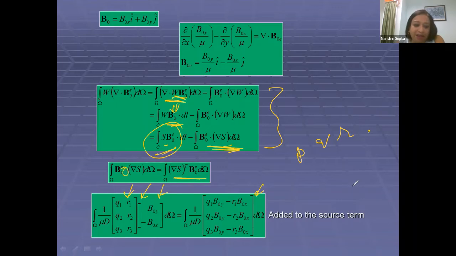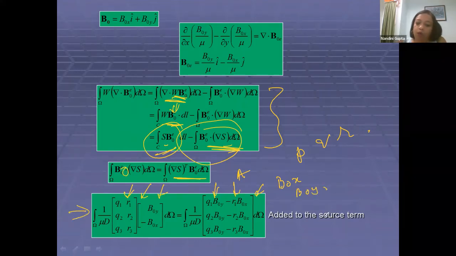Now, as you can see, this term also is a quantity which does not have phi, which does not have A. And therefore, it is a term which you can evaluate if you know B naught X, B naught Y, and the coordinates. So this term also goes to the right-hand side and is added to the source term. So that makes sense.